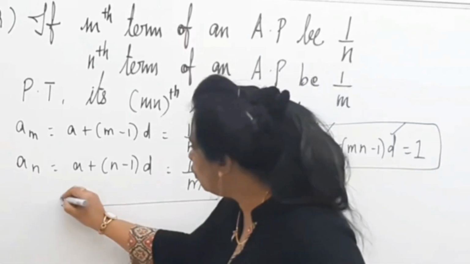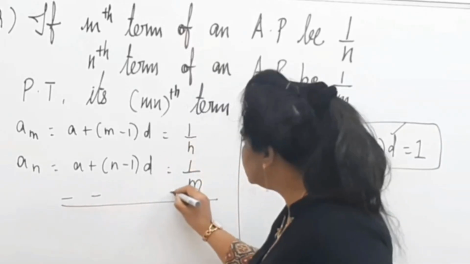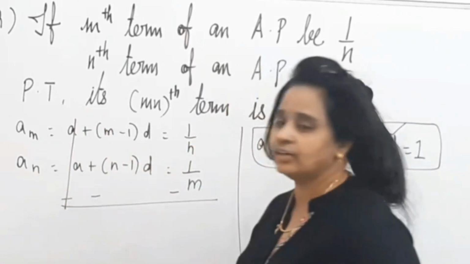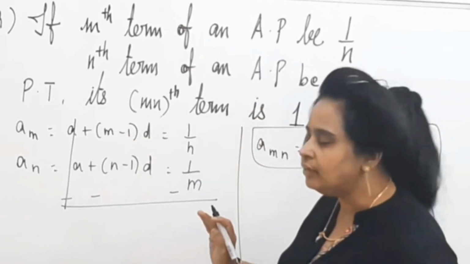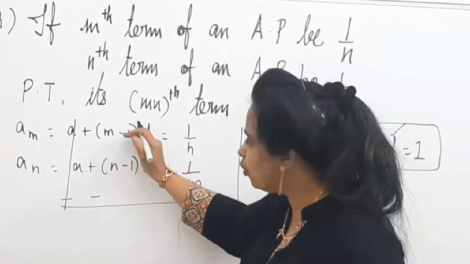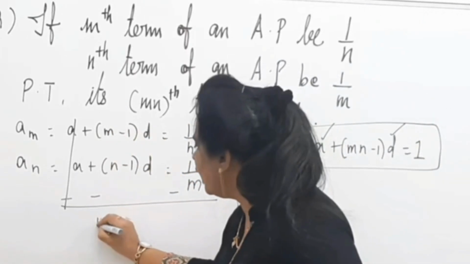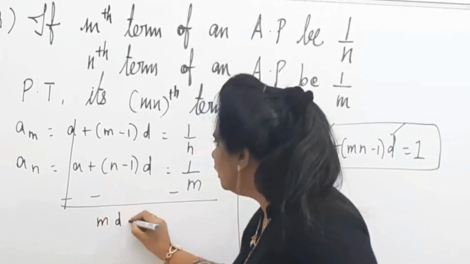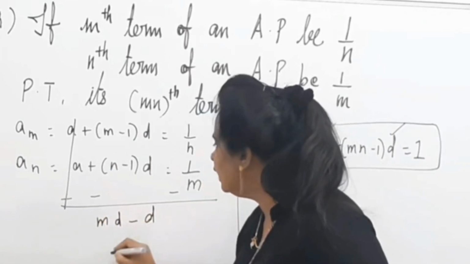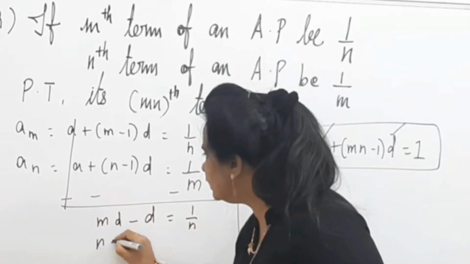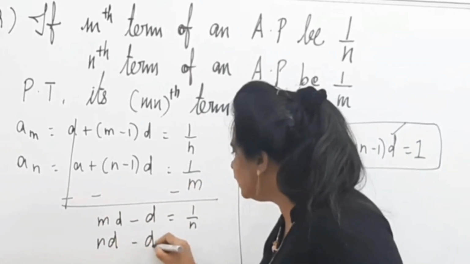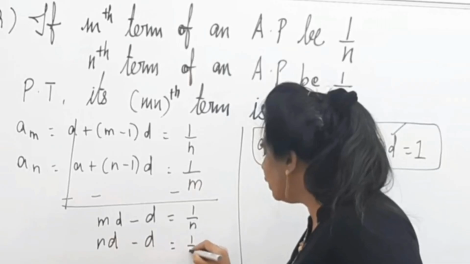Now, we have to be very careful on solving these two equations. So I would go for changing the sign first. Let me get rid of a. Now, this is a bit confusing, so I will write it once more. By multiplying, I would have md minus d is equal to 1 by n, and nd minus d is equal to 1 by m.